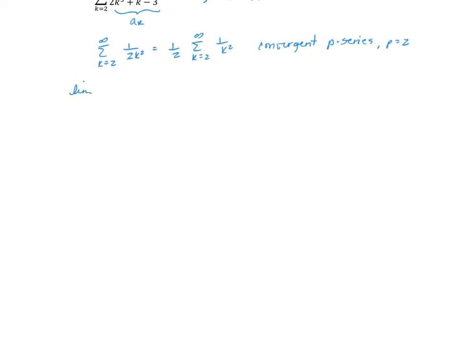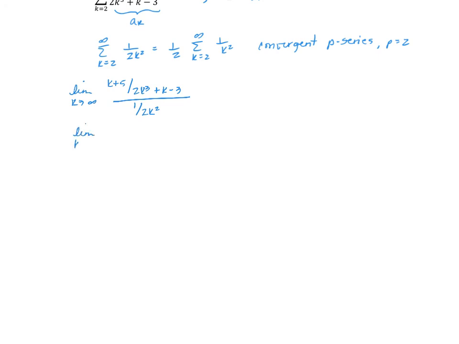We're going to take the limit as k goes to infinity of, a lot of writing here, k plus 5 over 2k to the third plus k minus 3, all over 1 over, actually I'm going to keep the 2 underneath there, right? 2k squared, because my b sub k was 1 over 2k squared.